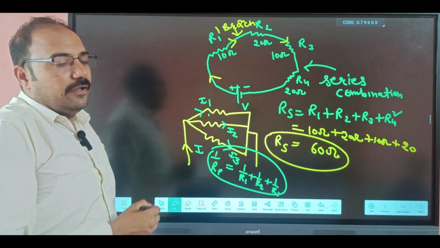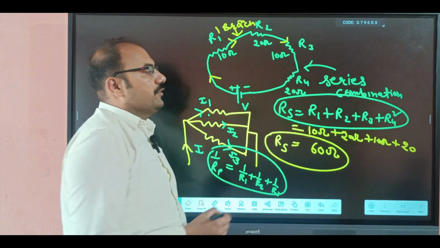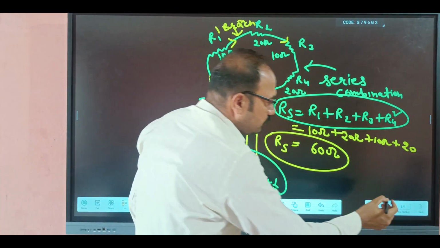Now we derive the formula of a series combination. How do we derive it? We take a circuit.